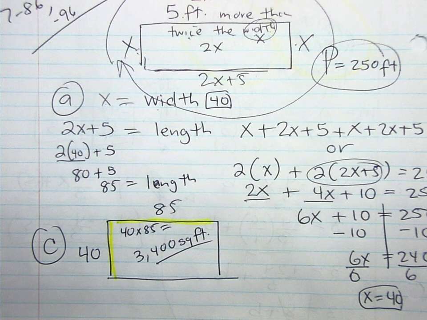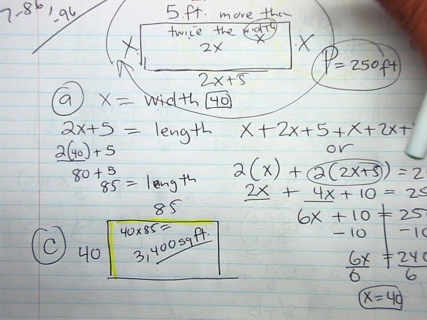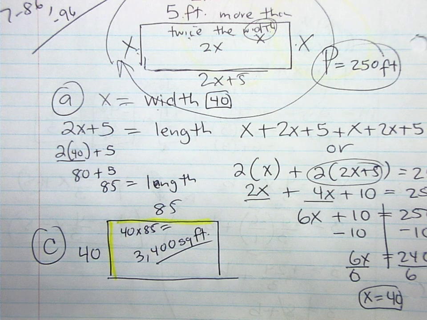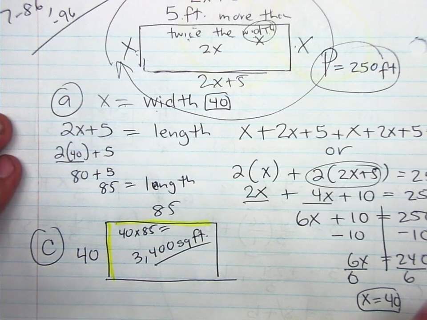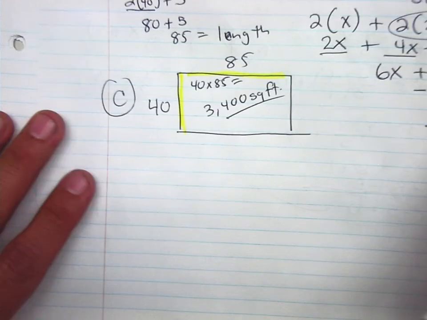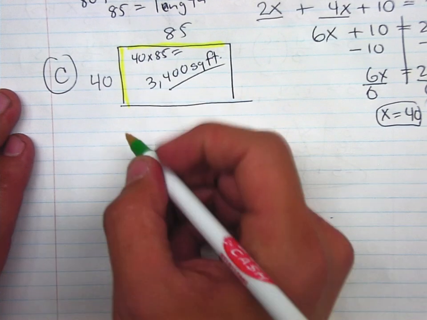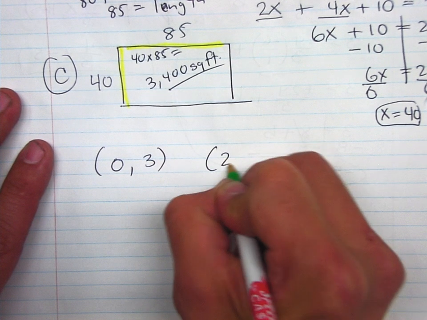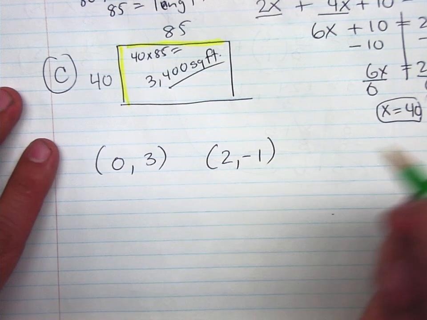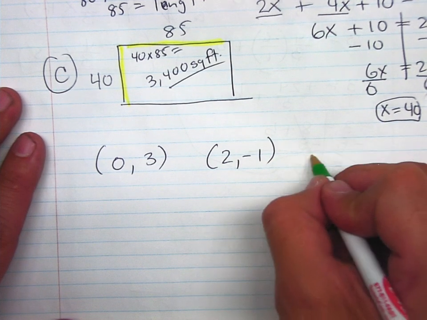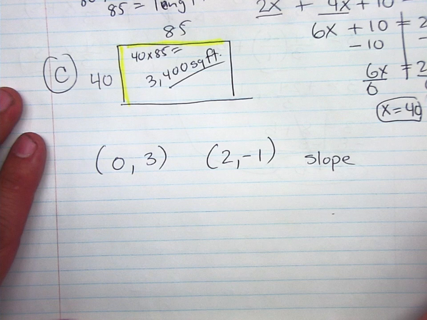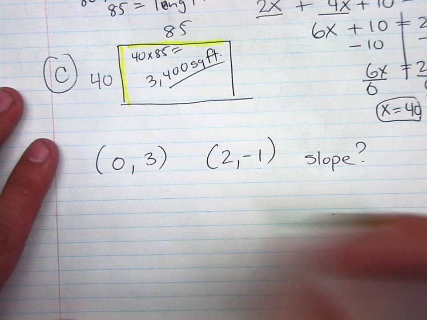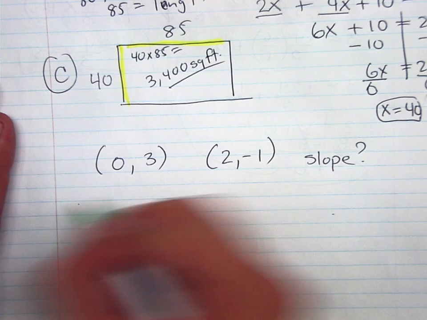M is the change in y over the change in x. Pick a y. Which one you want to pick? I'll pick 3, take away negative 1, so don't forget the parentheses.